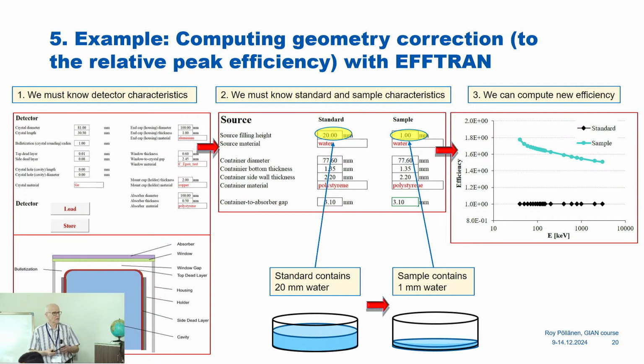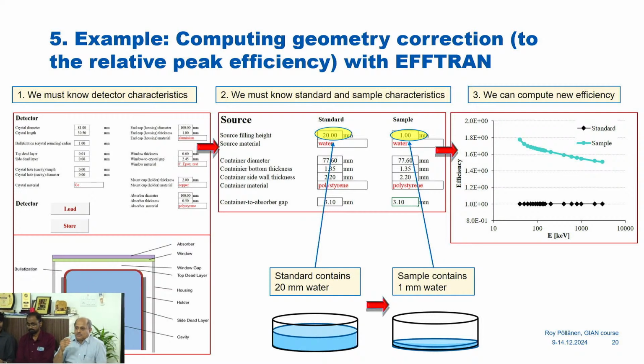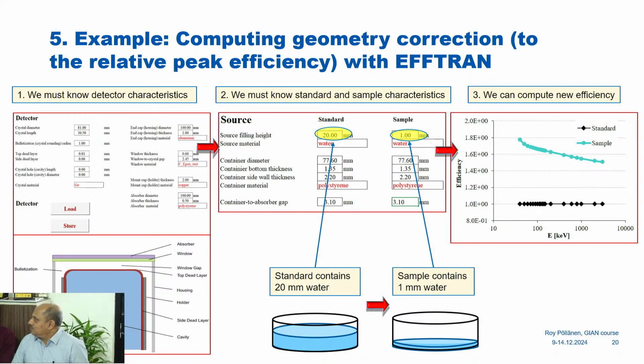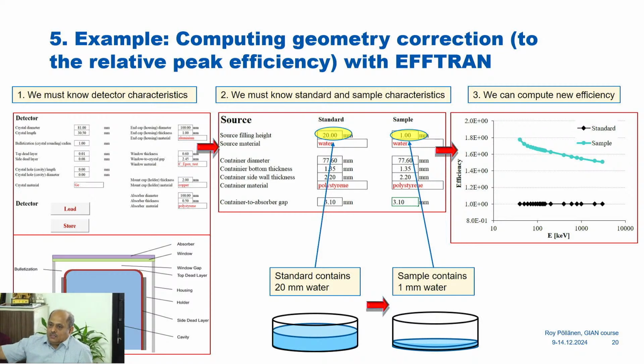You will appreciate these concepts once you start working in the field, because these are very important. This efficiency correction, because you can't have a reference material in all types of geometries. So the efficiency transfer process or calculations are going to be essential at some point in your career.